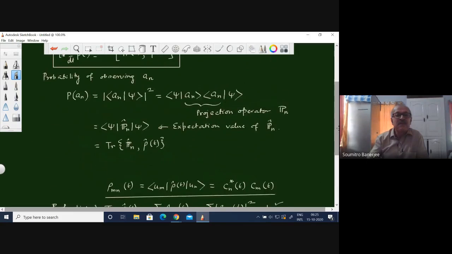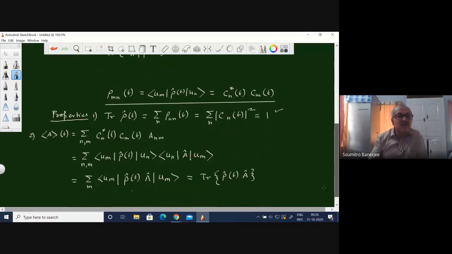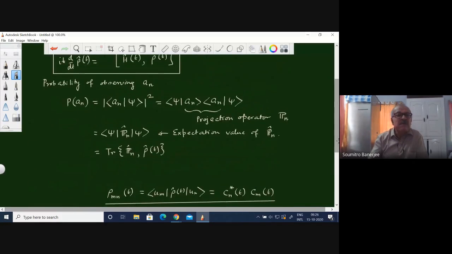So we have just applied that. So the probability of obtaining an eigenvalue a_n is simply obtained by multiplying that projection operator with the density matrix and then obtaining the trace of it. So we have written two of the properties. This is the third property.